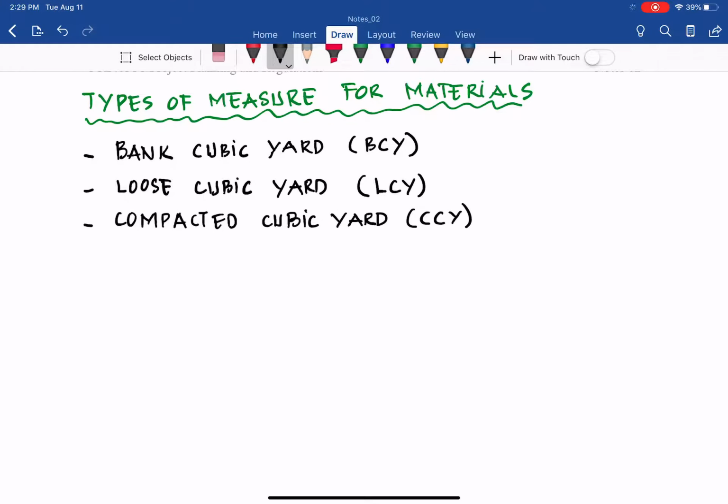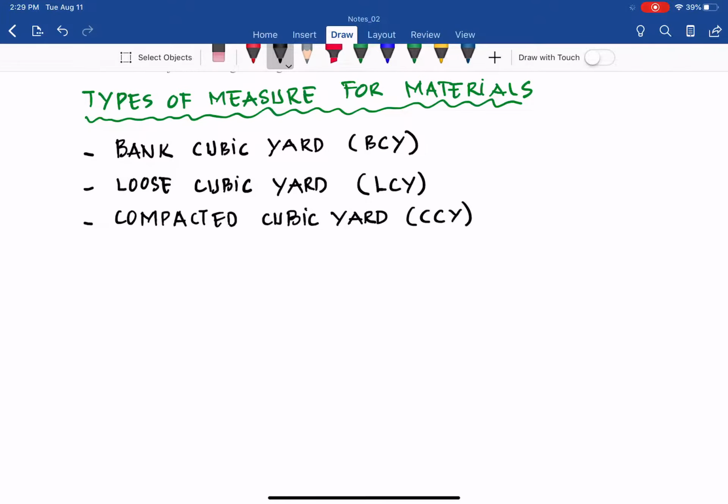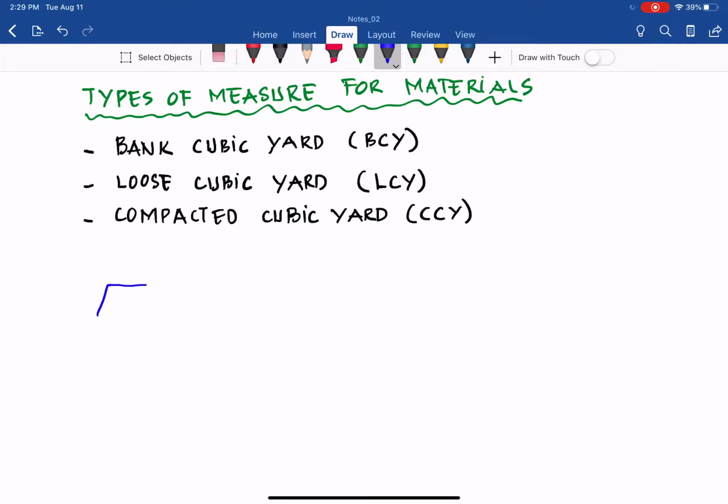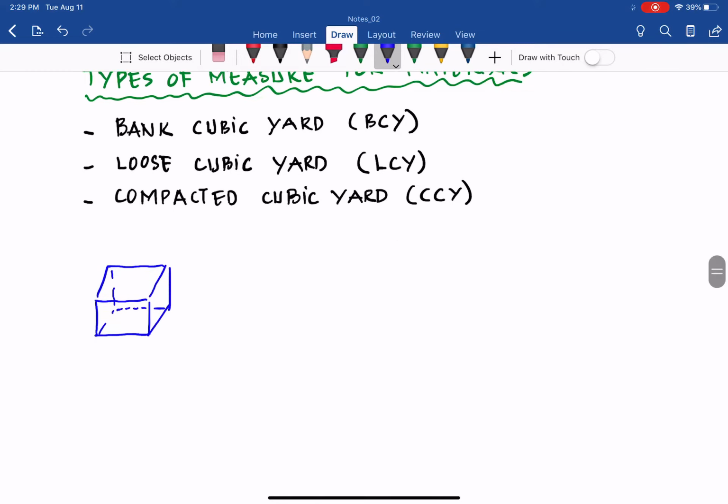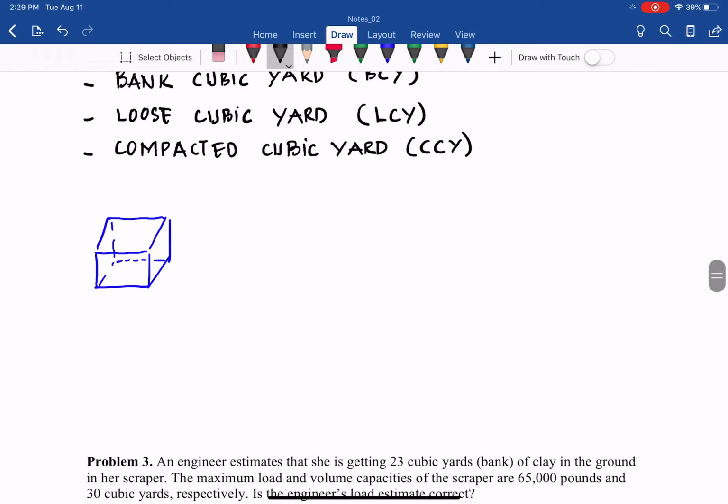So let me put some symbols to demonstrate the concept of bank cubic yard, loose cubic yard, etc. At the beginning, if we have 1 cubic yard at the bank condition, the volume is 1 BCY, and the weight, for example, 2000 pounds.